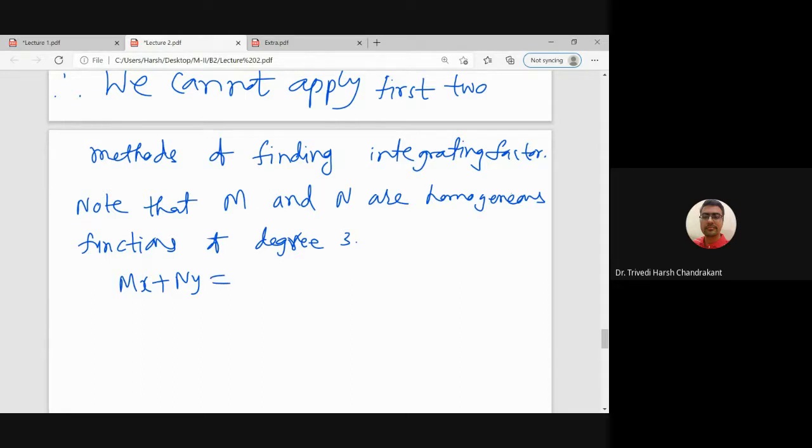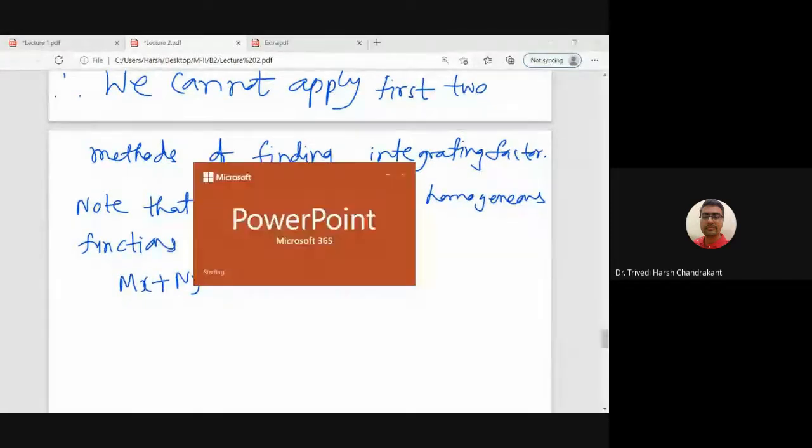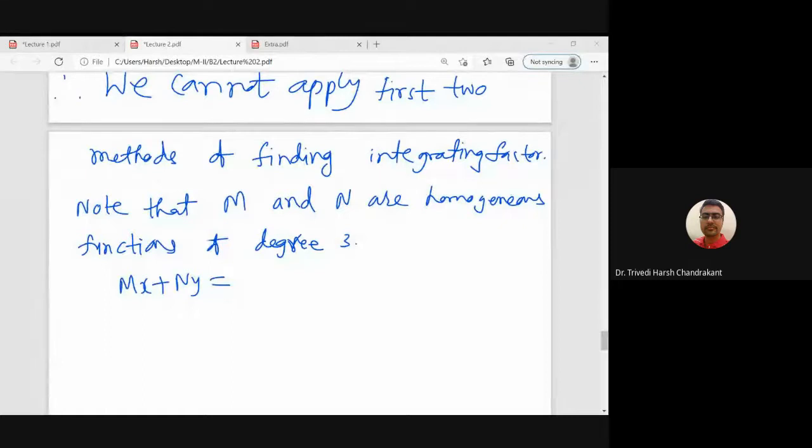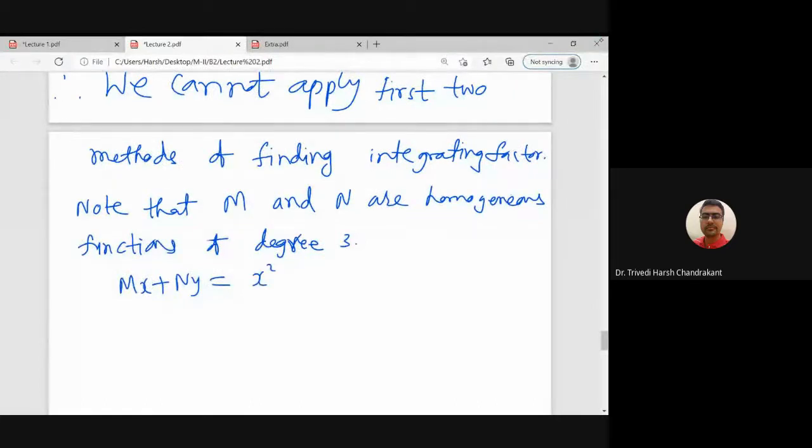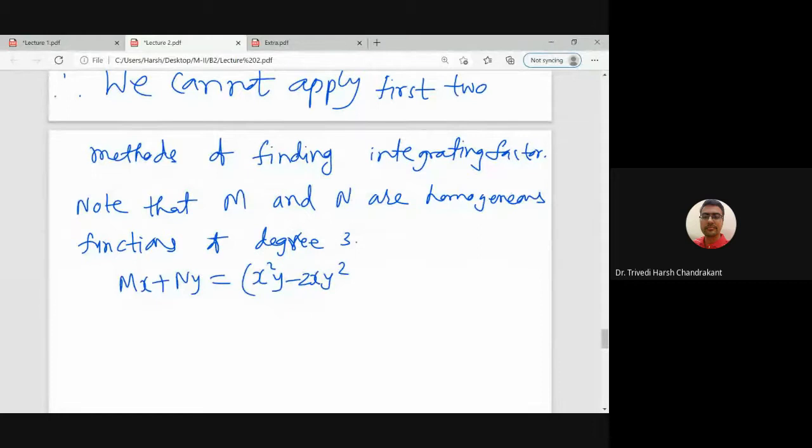Our m function is x square y minus 2xy square times x, plus our n function, minus x cube plus 3x square y, times y.